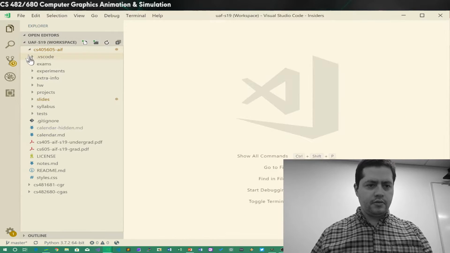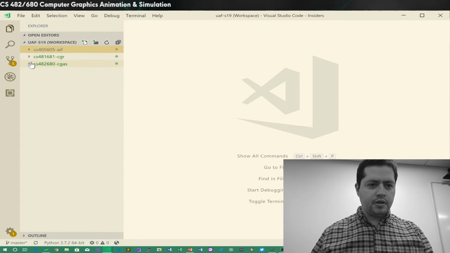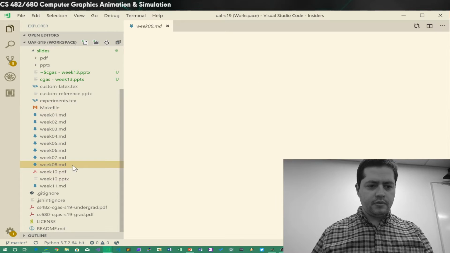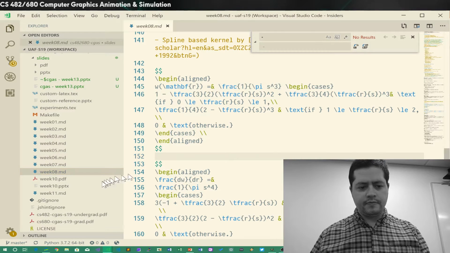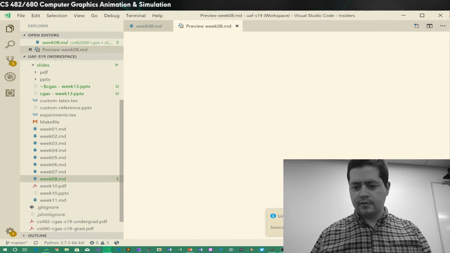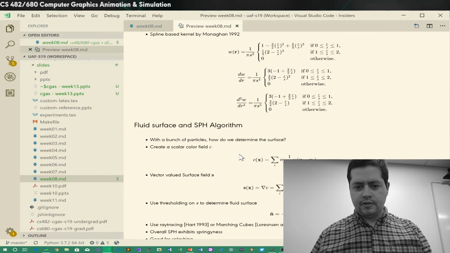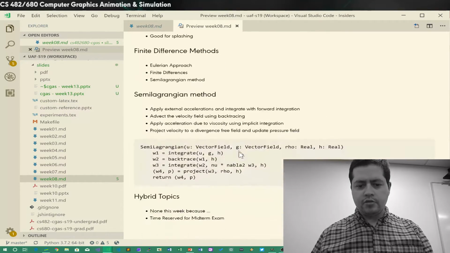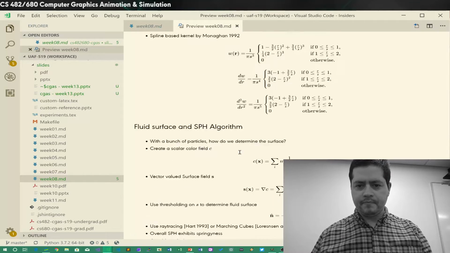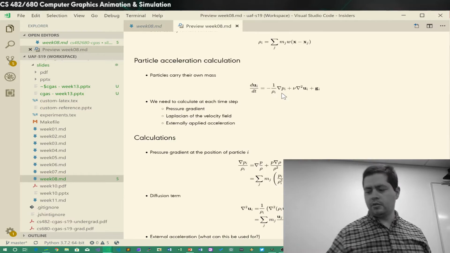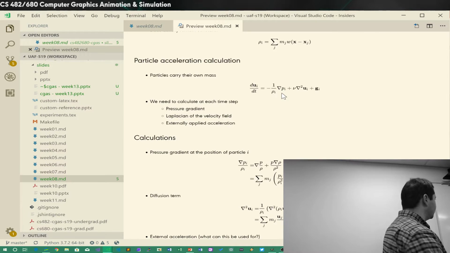Let me open up our week 8, which kind of has our main things, and so does week 11. Let me go to the equation we're actually trying to solve. Here we go. This is the equation. I'm going to put this up on the board just for reference.